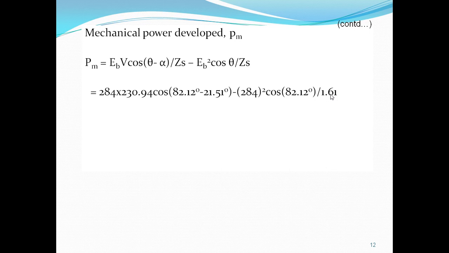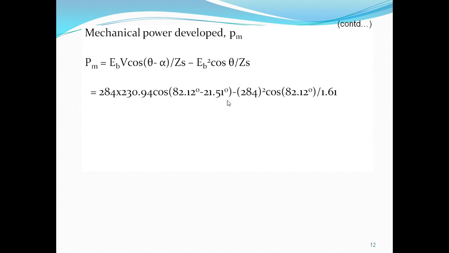ZS is 1.61. Here you have to write this value divided by 1.61, and EB square is equal to 284 square cos of theta is 82.12 degrees divided by ZS, that is 1.61. Here also we have to put this value divided by 1.61. I forgot to put it.